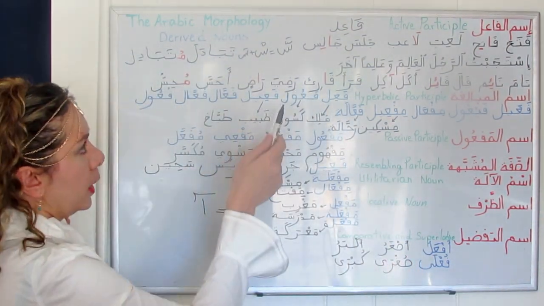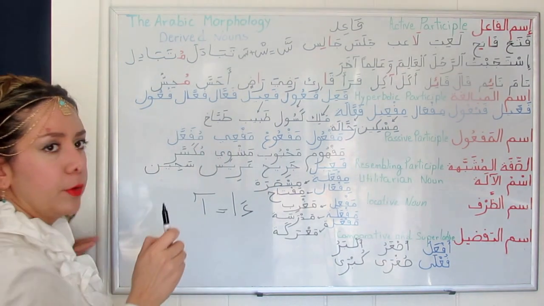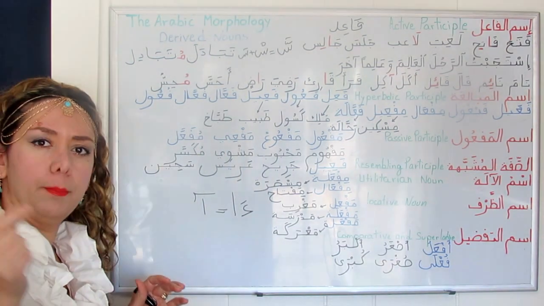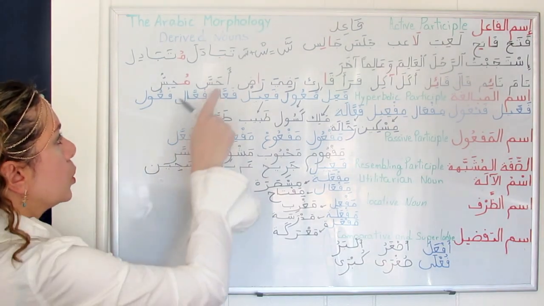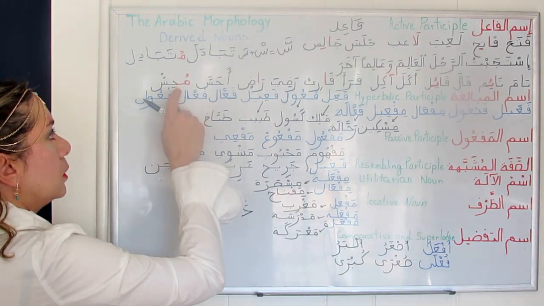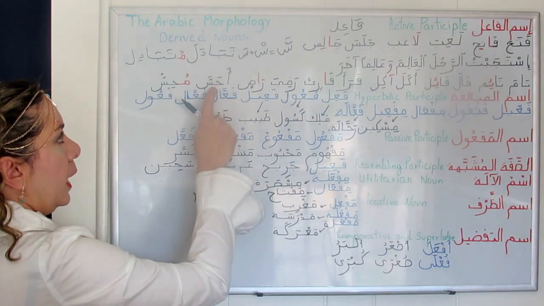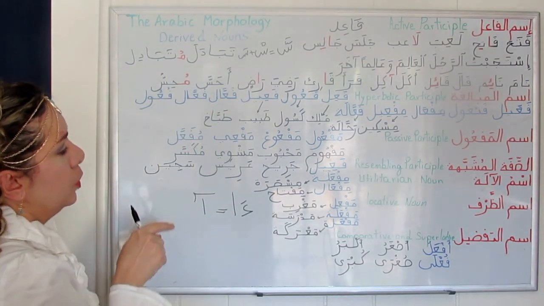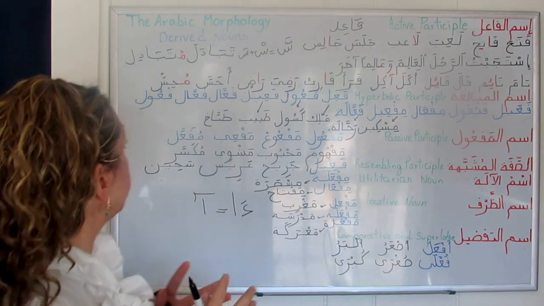To form the active participle, we prefix it with mim and damma: محس. You get rid of the hamza and you keep the ha and sin. محس means sensed.